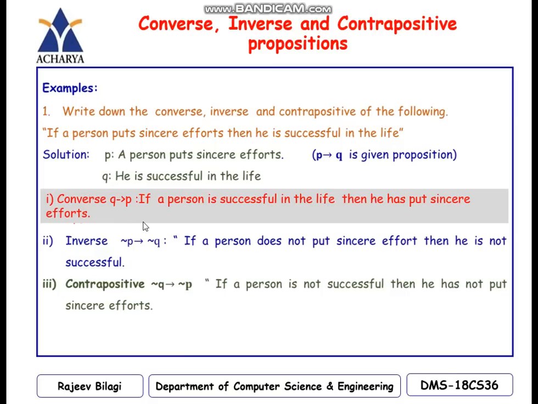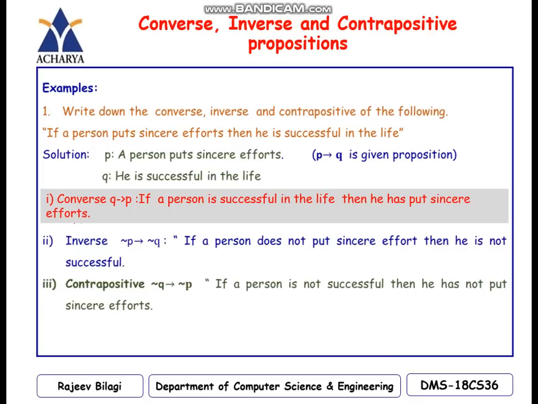Write down the converse, inverse and contrapositive for a particular statement. Usually this kind of question will be asked in your examination. Write down the converse, inverse and contrapositive of the following. The statement says, if a person puts sincere efforts, then he is successful in life. So this is the statement given.